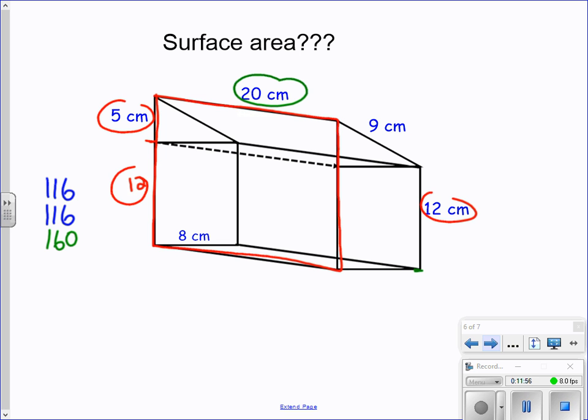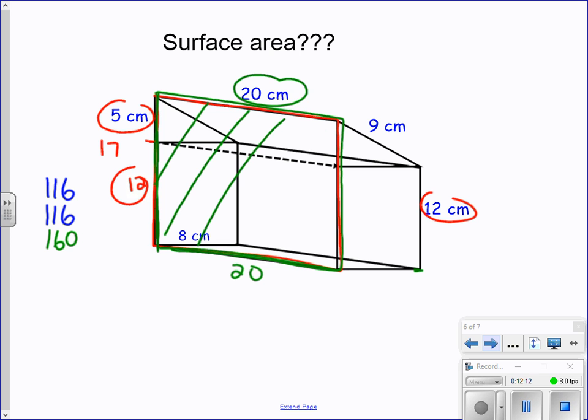So I'm going to add those together. That makes 17. So the height of this thing is 17, which is this length right here. And I'm going to times it by the depth of 20. That'll give me this giant panel all in one calculation. So 17 times 20, use your calculator if you need to, is 340.